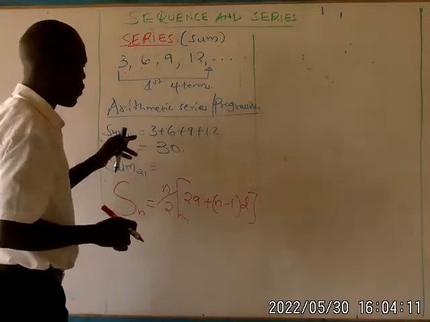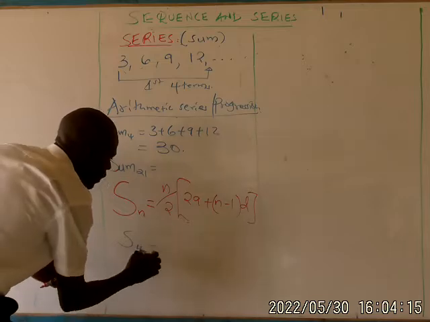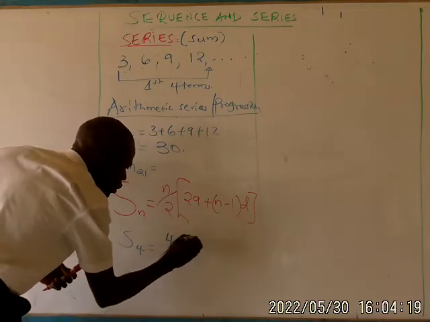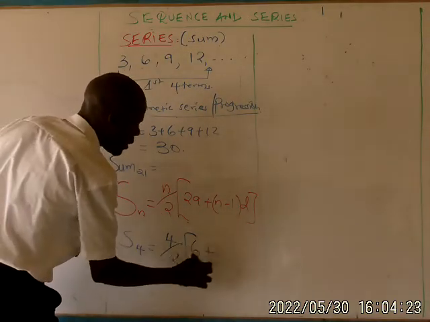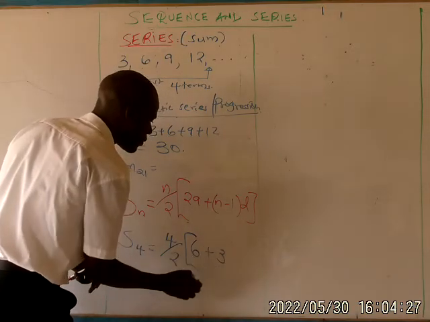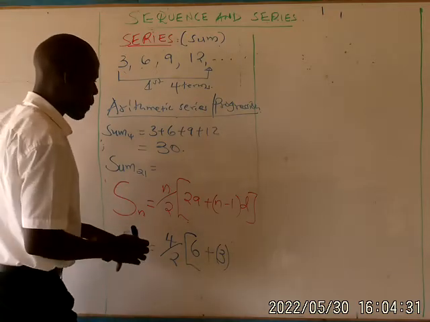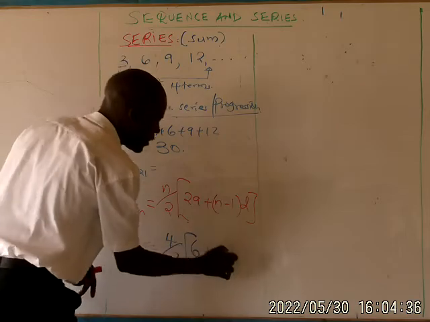Let us look at our example, S4. So n is 4, over 2, then 2a. a is 3, times 2 is 6, plus n is 4, 4 minus 1 is 3, times d. d, in our case, was 6 minus 3, which is 3.